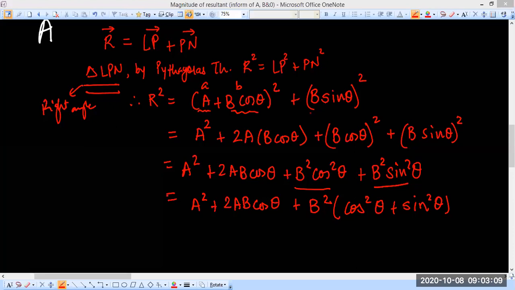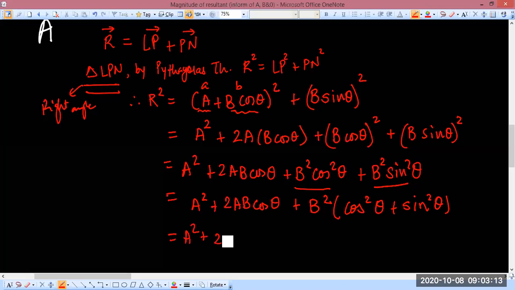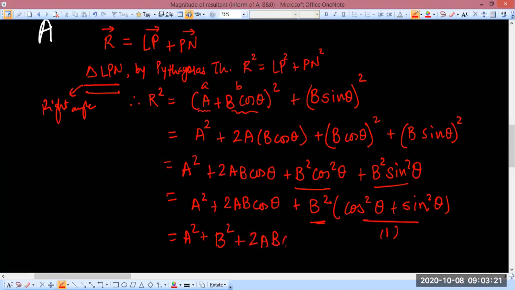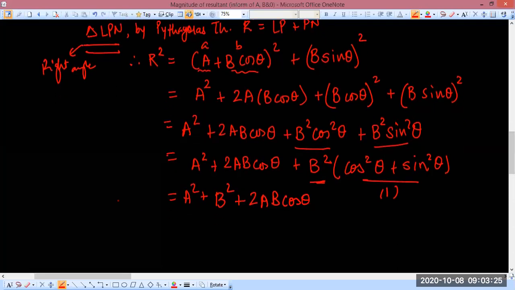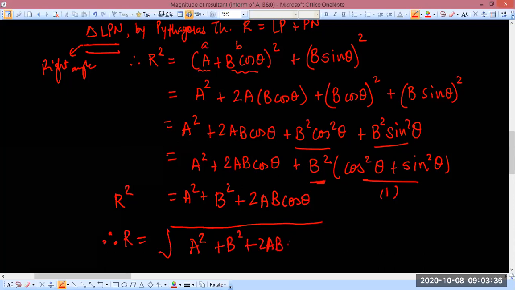Yes. So finally this will become A square plus B square. It is written like this: A square plus B square, this becomes 1, plus 2AB cos theta. So this is the formula for R square. So R is equal to square root of A square plus B square plus 2AB cos theta.